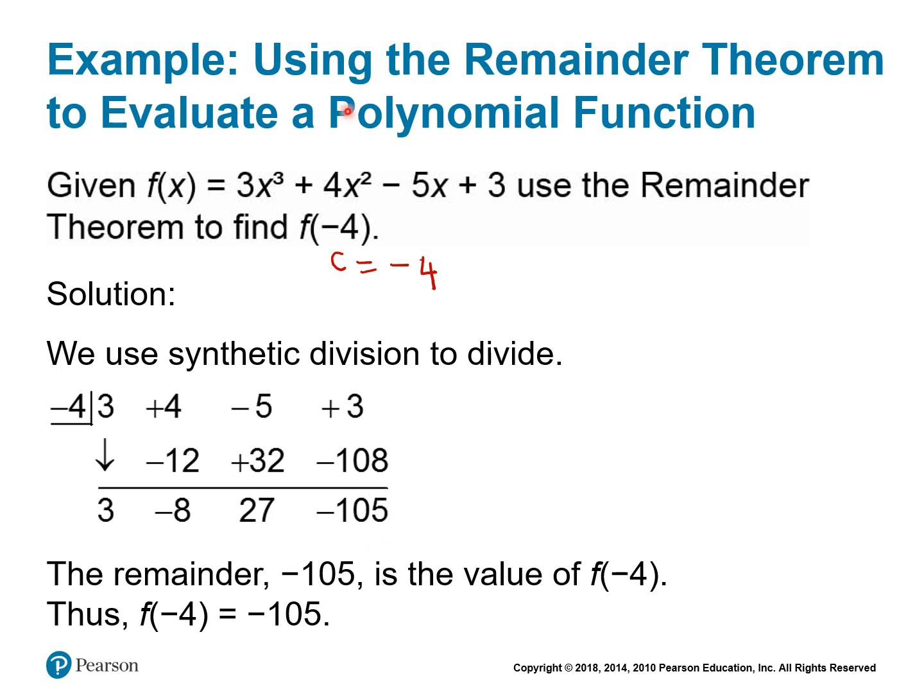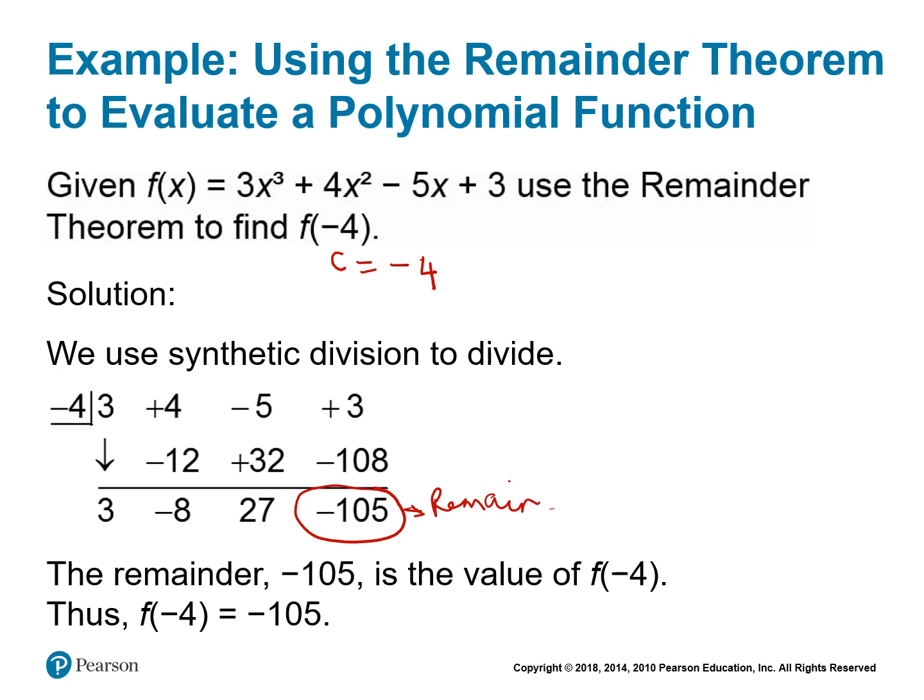We don't have to do any more steps. We figure out what the remainder is. The remainder is always the last term, whatever appears in the end column after we complete the synthetic division. In this case, minus 105. So that's what our remainder is. All right, that's the remainder.